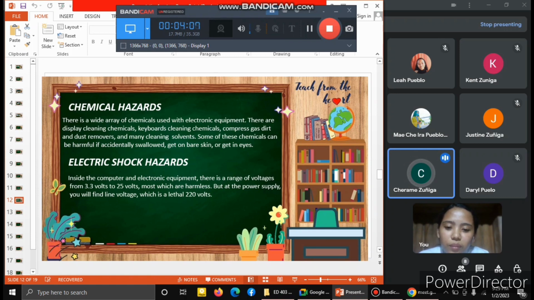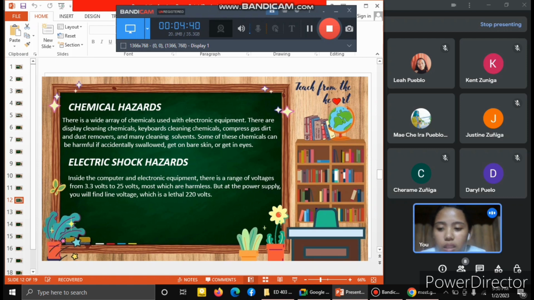There are display cleaning chemicals, keyboard cleaning chemicals, compressed gas, dirt and dust removers, and many cleaning solvents. Some of these chemicals can be harmful if accidentally swallowed, if they get on bare skin, or get in eyes. Okay, thank you, Cherami. Those are the chemical hazards that we have to identify.